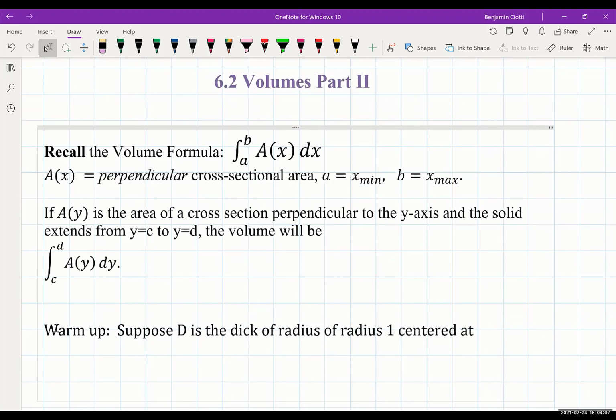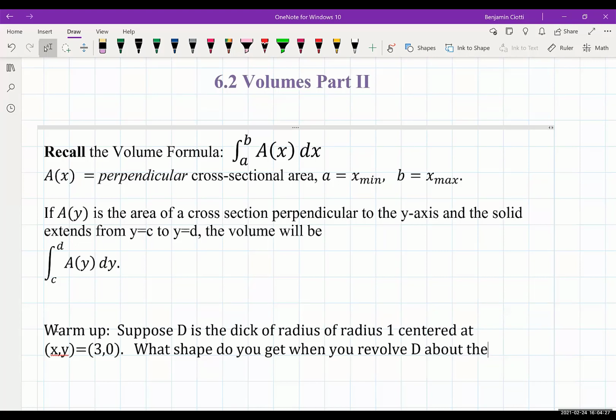Let's say centered at the point xy equals 3, 0. Now, I want you to do something in your mind and tell me what shape you get when you revolve D about the y-axis? And you can private message me your answer.